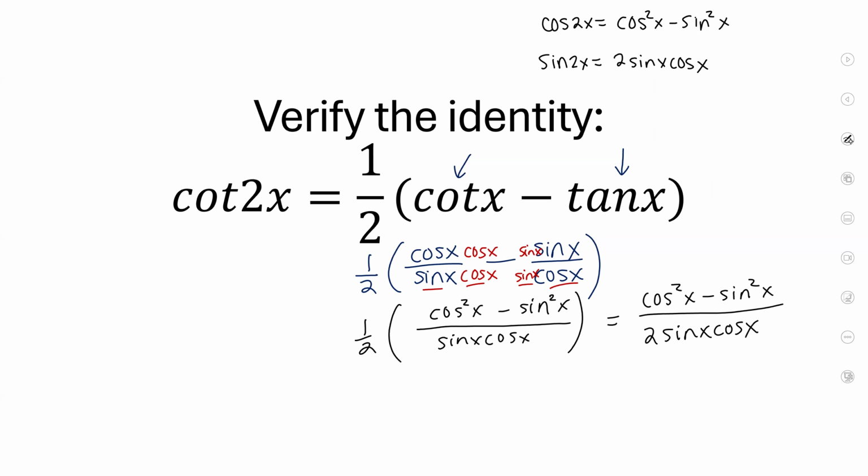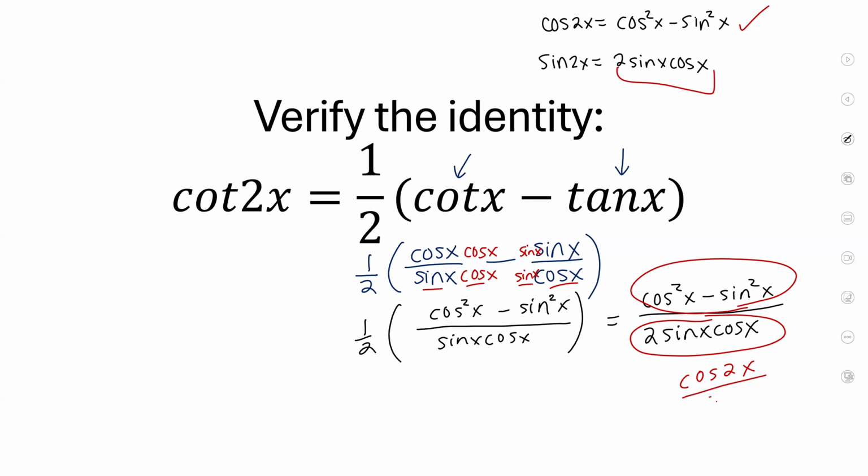Now, guys, look, I'm going to use my identities. In the numerator, I have this. That's cosine 2x. In the denominator, I have this. I'm going to replace it with sine 2x. We're using the identities to verify.